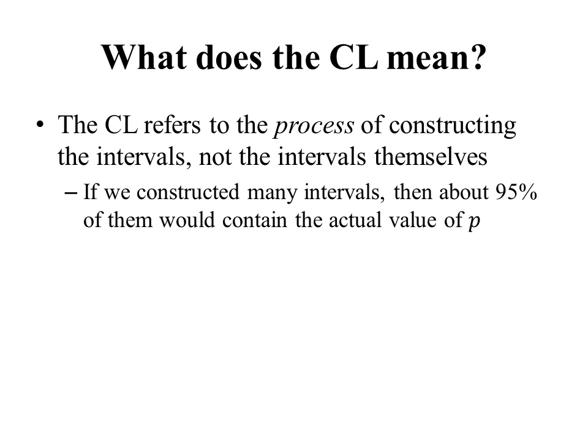So again, if we were to construct many different intervals, then at the 95% confidence level, about 95% of those intervals would contain the actual value of P. That's what the confidence level means. If we were to work at a 99% confidence level, then about 99% of our confidence intervals would contain the true value of P. If we worked at an 80% level, then about 80% of them would contain the true value of P.